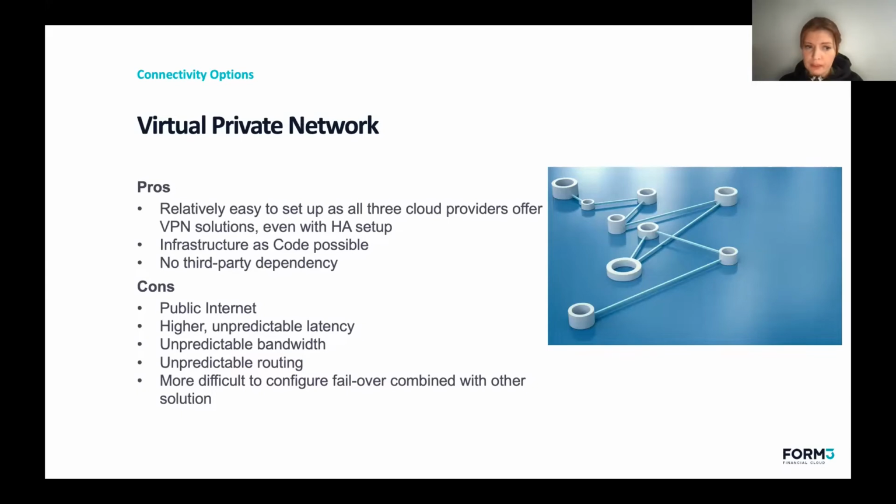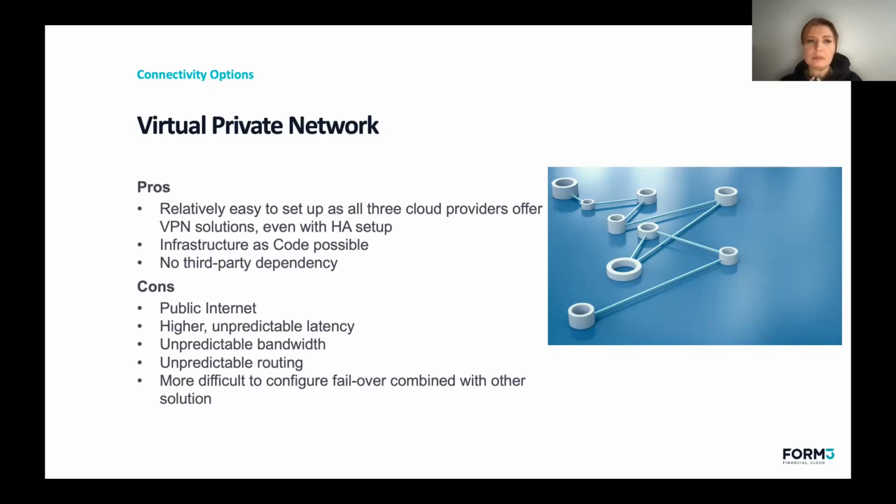Another thing, especially important for a fintech company, is unpredictable routing. In many countries, you have special regulation on which country your data can be stored in. So, for example, in the European Union, it may be that data can't cross the borders of the European Union, and there are similar regulations in other countries as well.